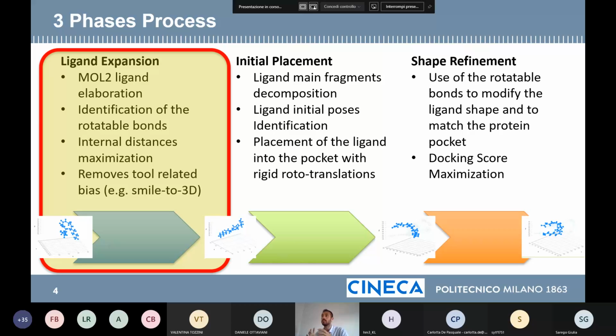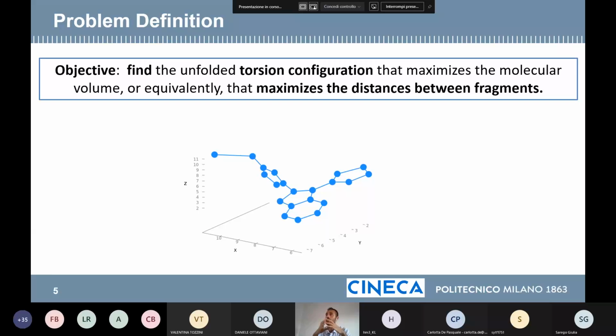If you start from this position and then you go to initial placement, then your final score increases a lot, instead of starting the whole thing from an initial condition where the molecule, for example, is very folded. So the first step is to find and unfold the torsion configuration that maximizes the molecular volume, or equivalently, that maximizes the distance between fragments.